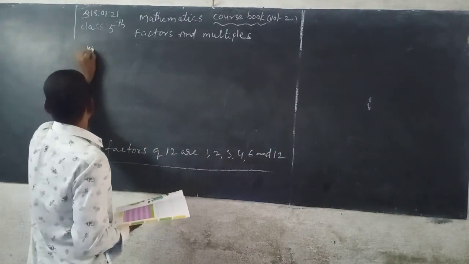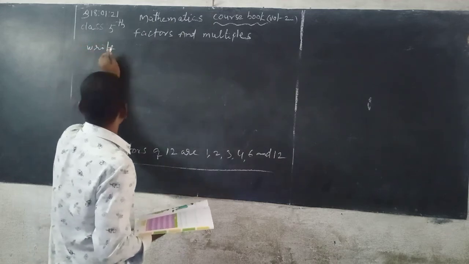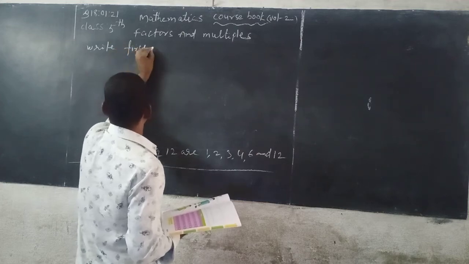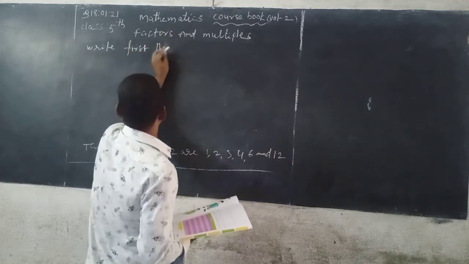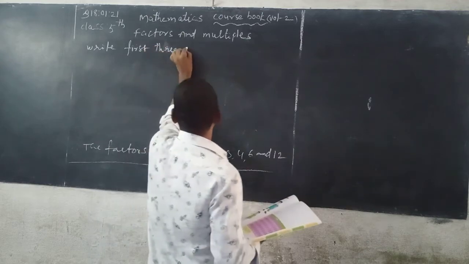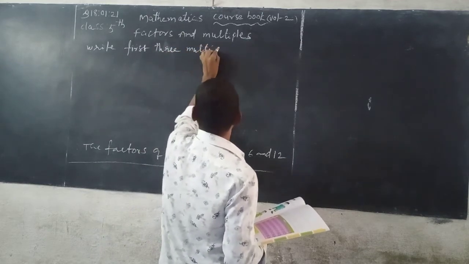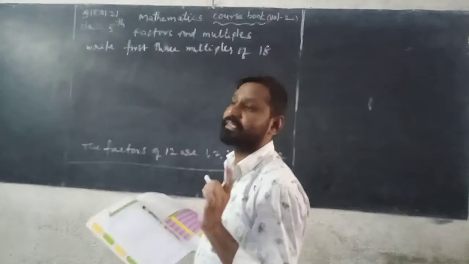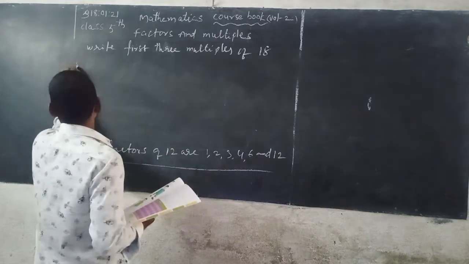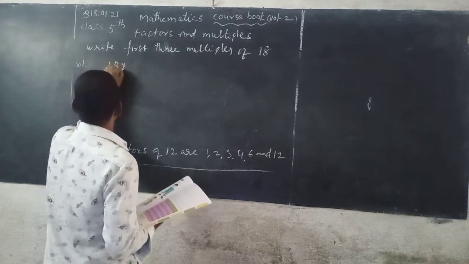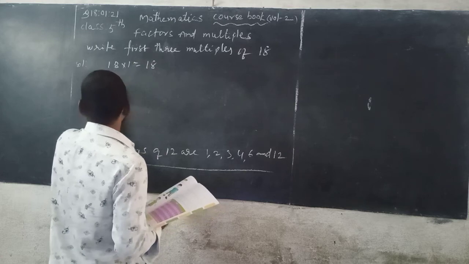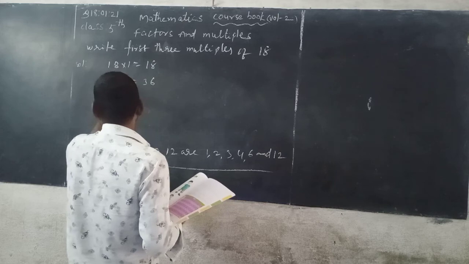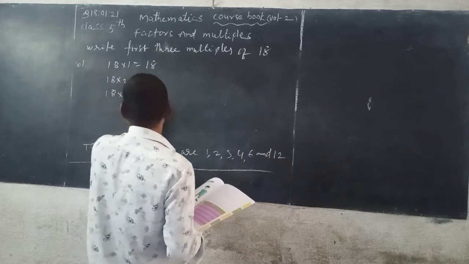Write first 3 multiples of 18. Here multiples means you can write the 18 table. 18 1s are 18. 18 2s are 36. 18 3s are 54.